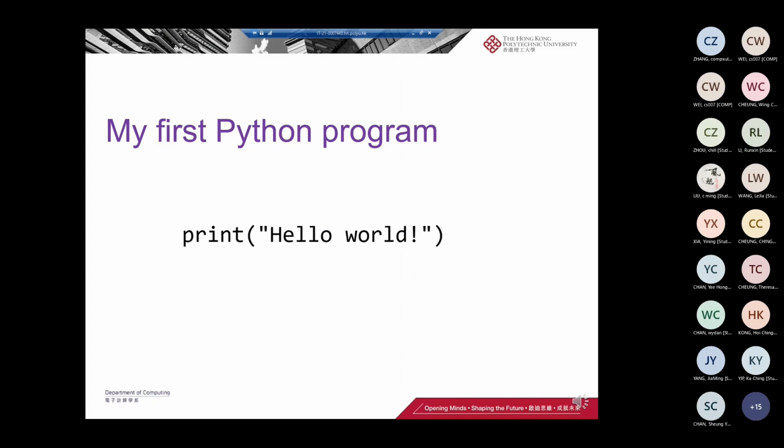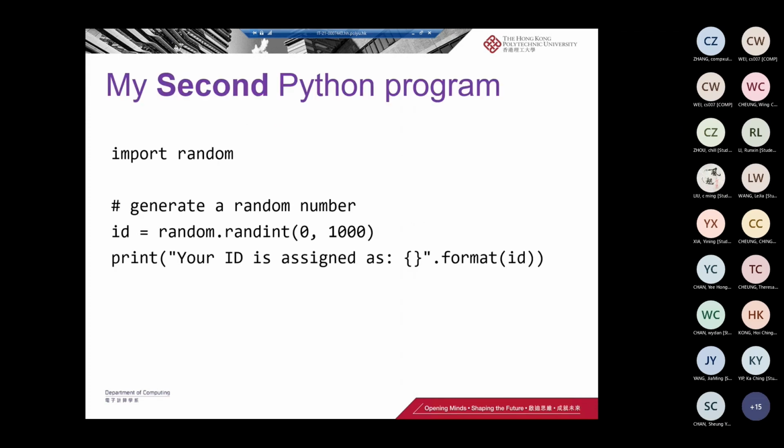Here it is, what we used a lot, the Hello World program, and it just prints something. It's the easiest one. To understand what is happening, what is a necessary statement in a Python program, I would like you to look at the second one.